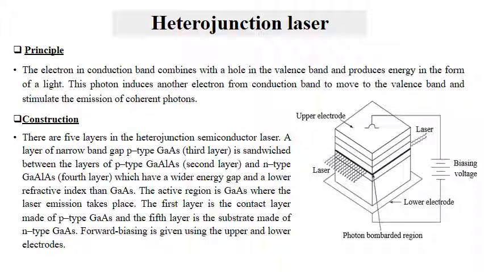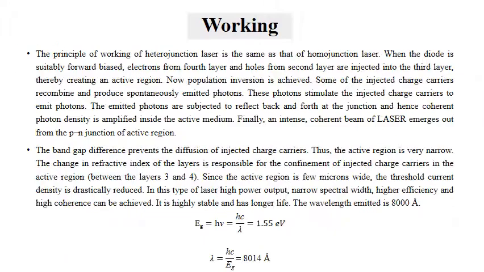The active region is gallium arsenide, where the laser emission takes place. The first layer is the contact layer, which is made up of p-type gallium arsenide, and the fifth layer is the substrate, which is made up of n-type gallium arsenide. Forward biasing is given using the upper and lower electrodes.